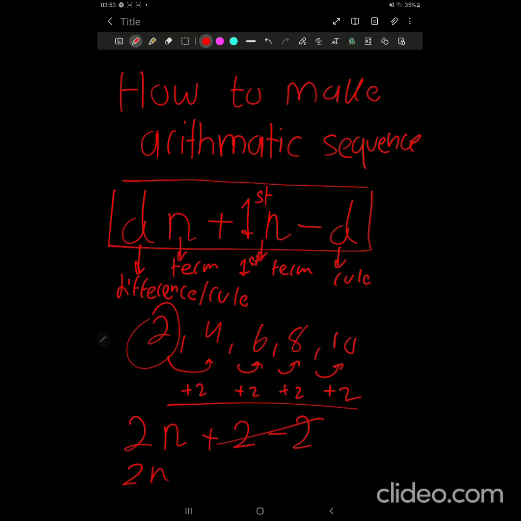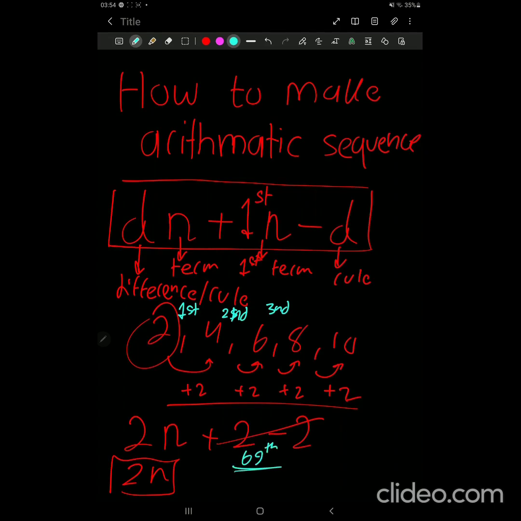From this formula, if we want to know any term, for example, 2 is the first term, 4 is the second, 6 is the third, and so on. Let's say we want the 69th term.